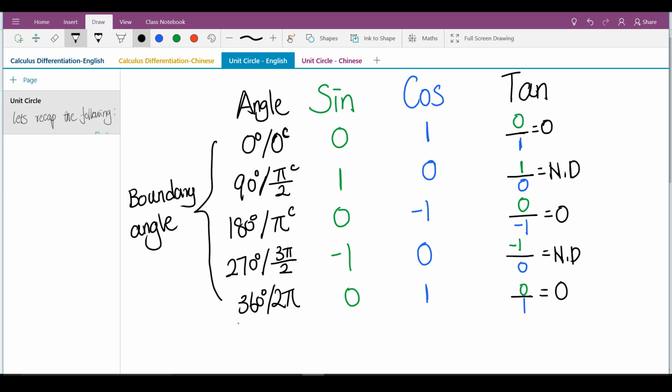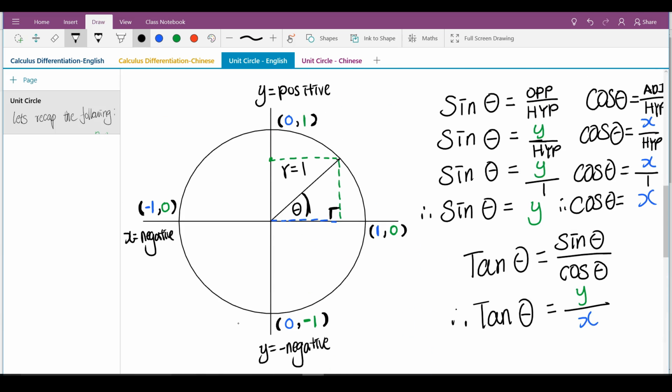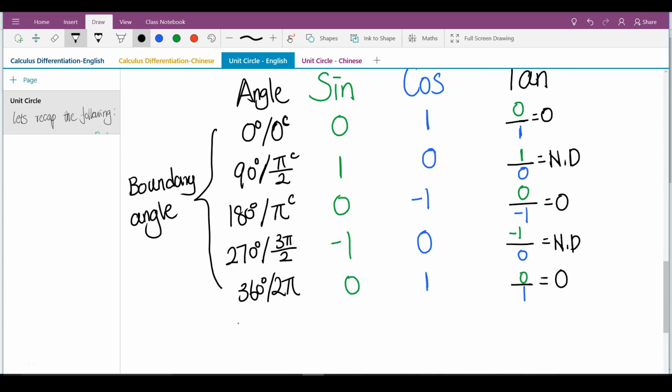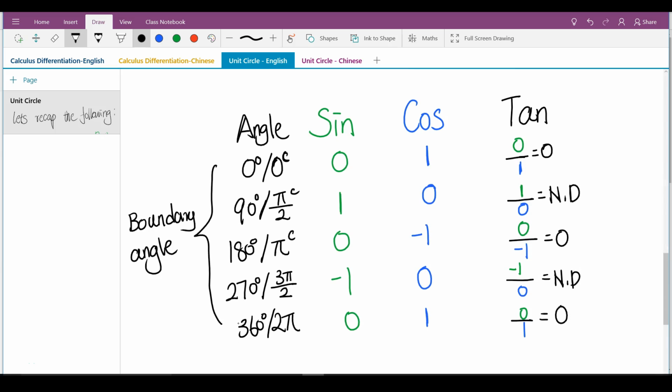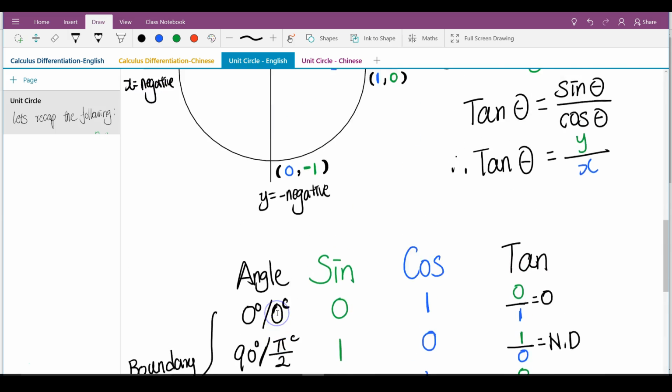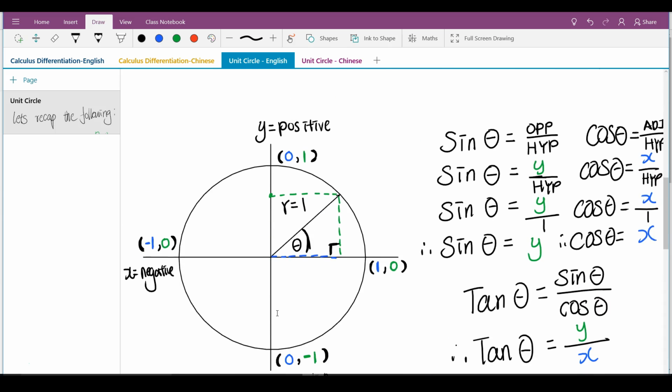Right? Because they're on the edge of the circle. That's why they're called the boundary angles. So we just found out what sine value and cos value and tan value are at these boundary angles, right?